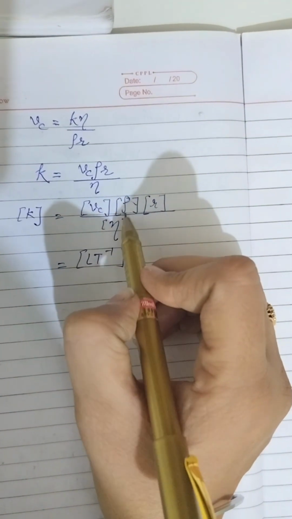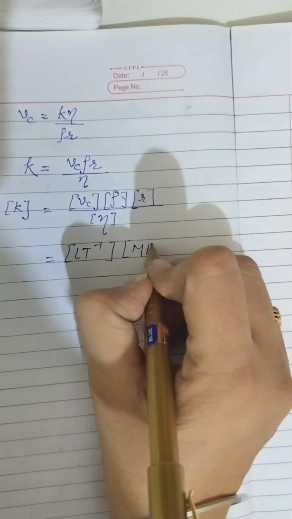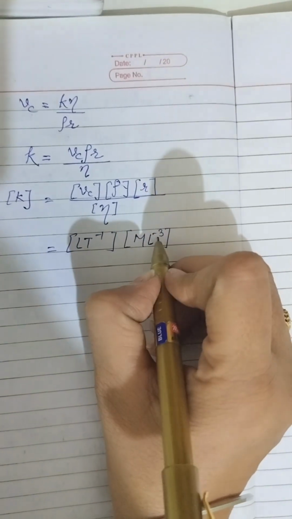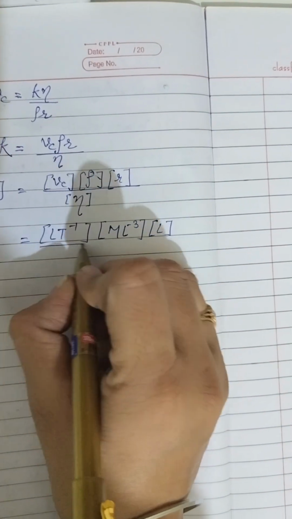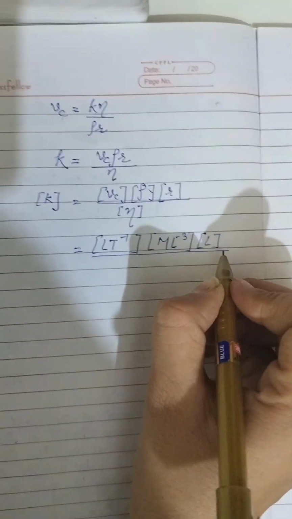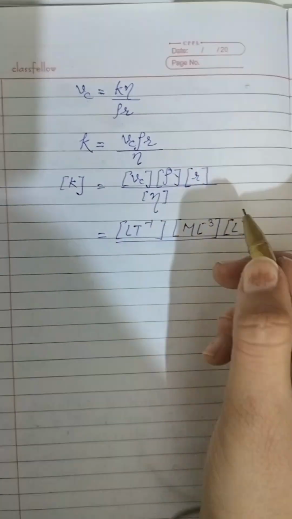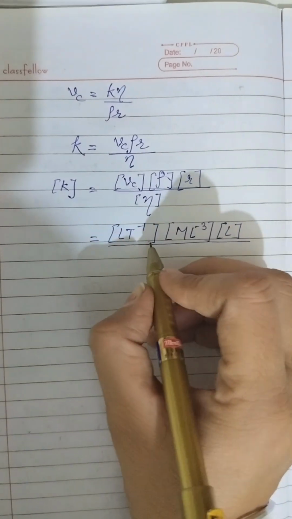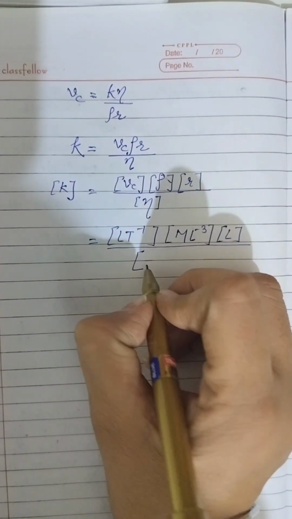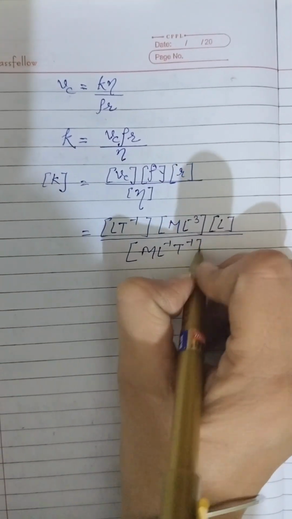Sorry, here rho is density. So the dimension of density is M L minus 3, that is mass per unit volume, and r is the form of length upon neta. Neta is the value of viscosity, and the coefficient of viscosity we already found, that is M L minus 1 T minus 1.